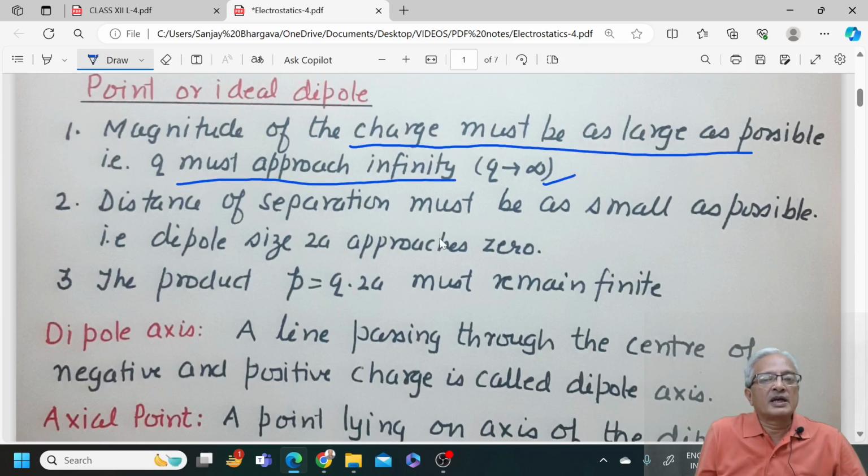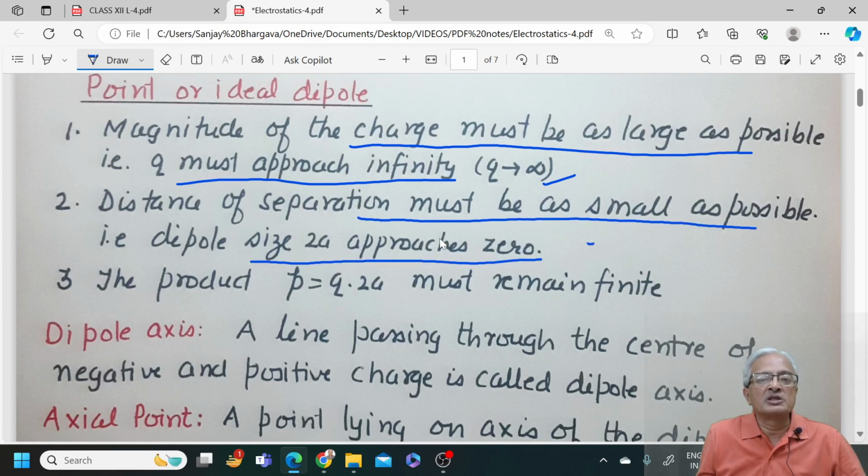Similarly, the second condition is the distance of separation must be as small as possible, that is, the dipole size 2a should approach 0. The third one is the limiting condition, which says the product p equal to q times 2a must always remain finite.